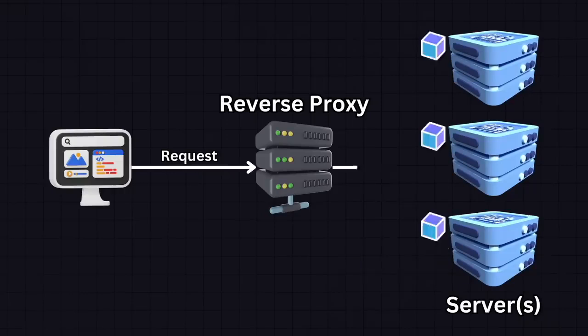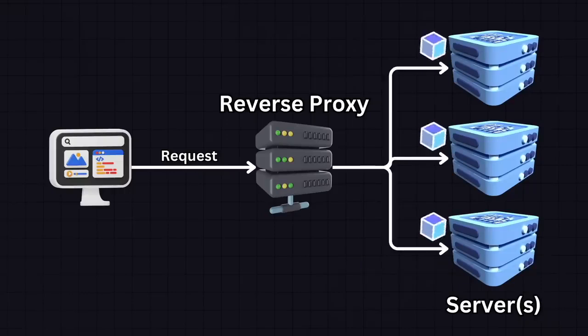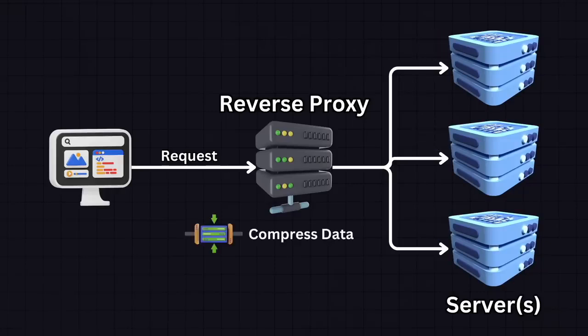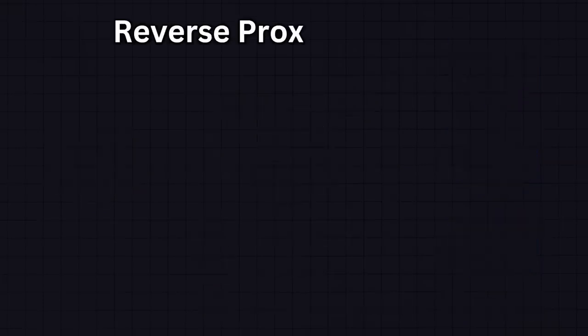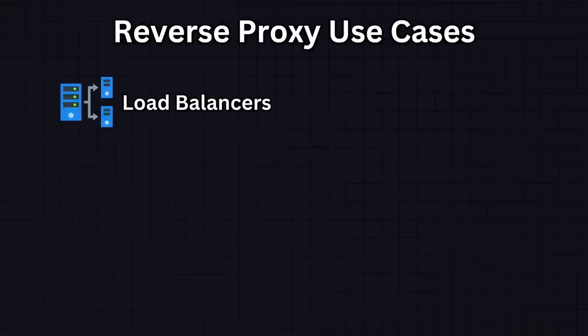It also distributes client requests across multiple servers, balancing load and ensuring no single server becomes overwhelmed. A reverse proxy can also compress inbound and outbound data, cache files, and manage SSL encryption, thereby speeding up load time and reducing server load.